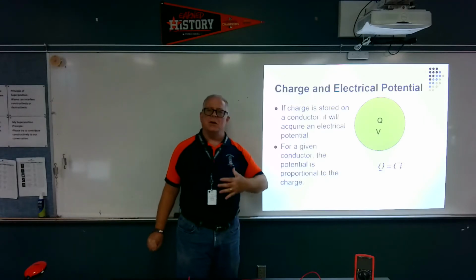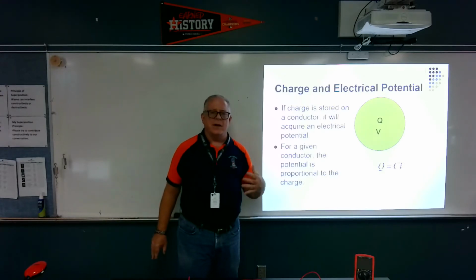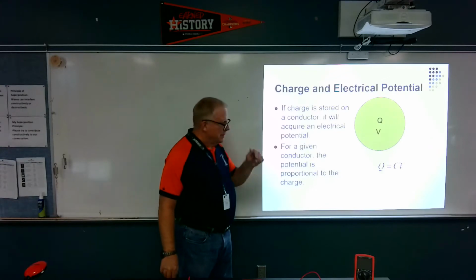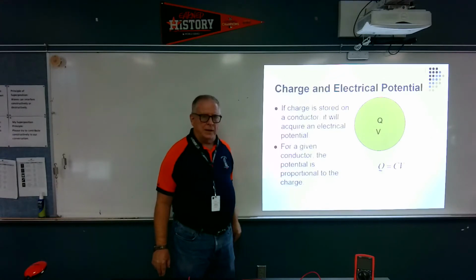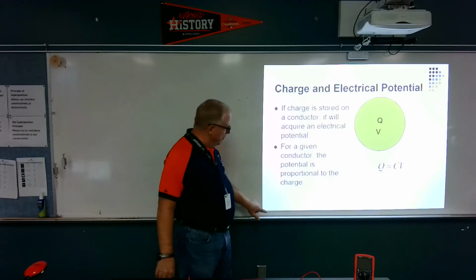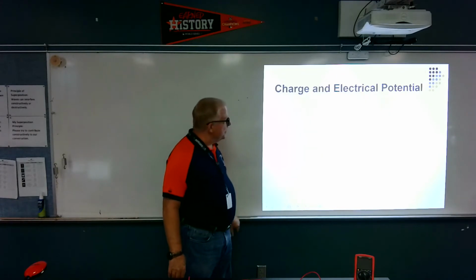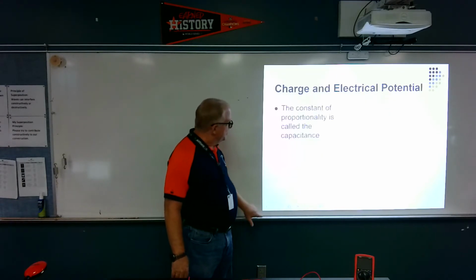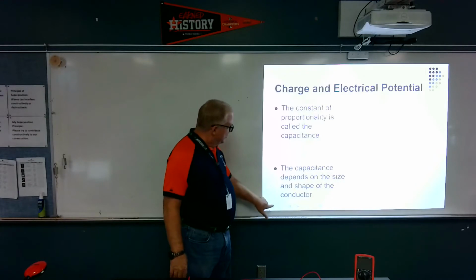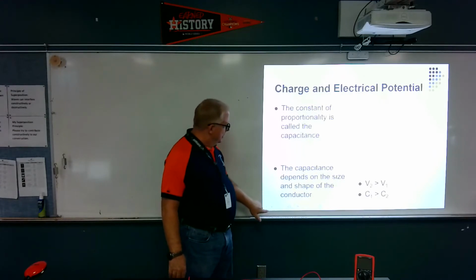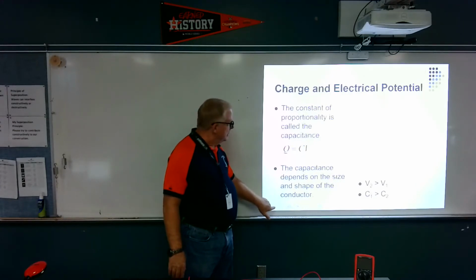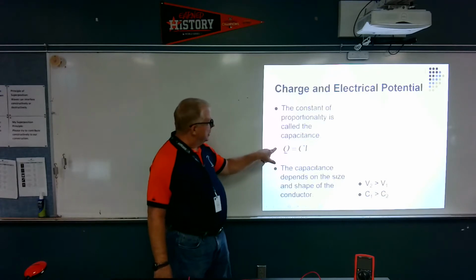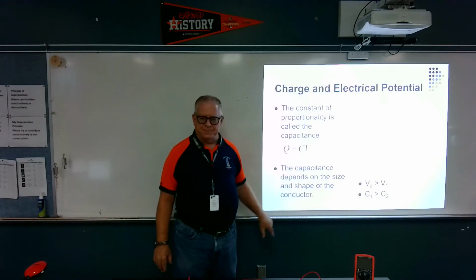So it's the amount of charge you put on the conductor divided by the potential that conductor has relative to some reference level. It's that constant of proportionality then that relates the charge and the potential.